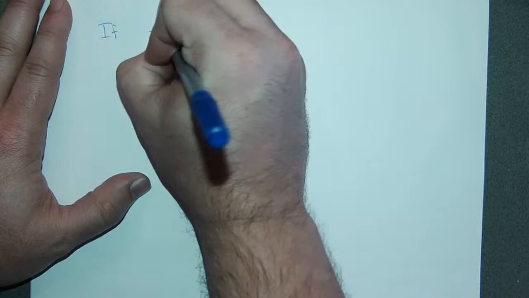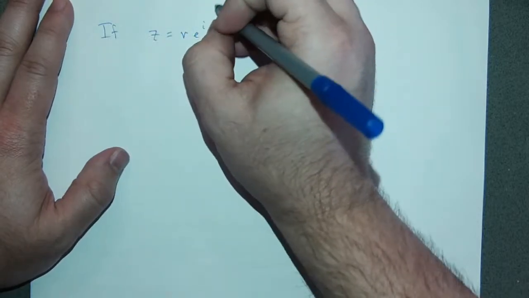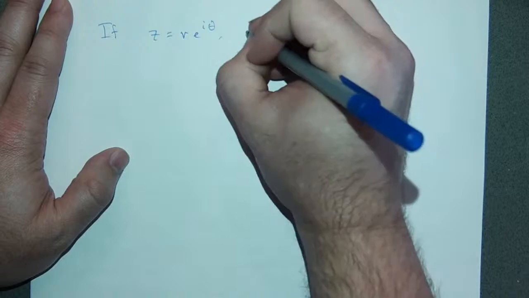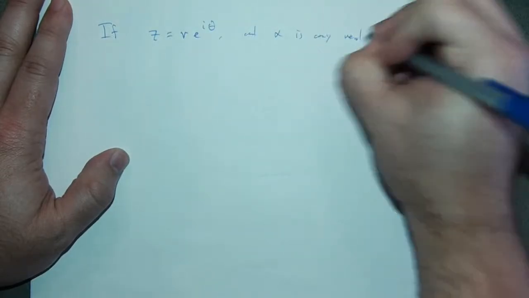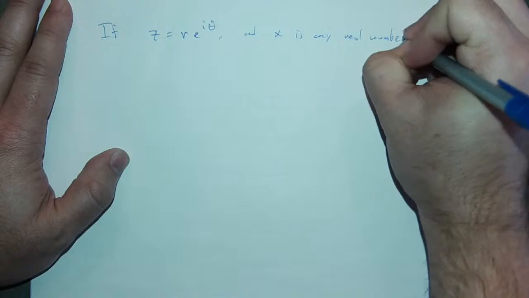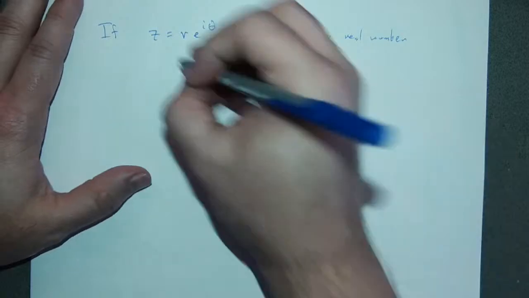So let's do that. If I take z to be in its polar form, r e to the i theta, and alpha is any real number, this is good because in doing this, you're including, say, the principal branch, if you wanted to do that.